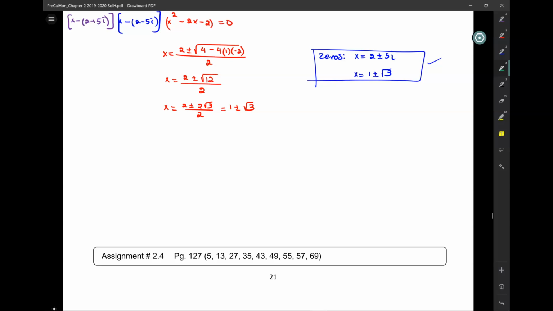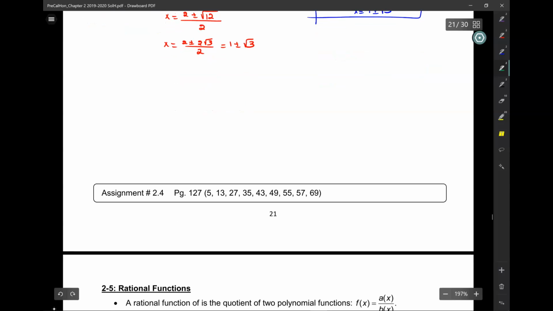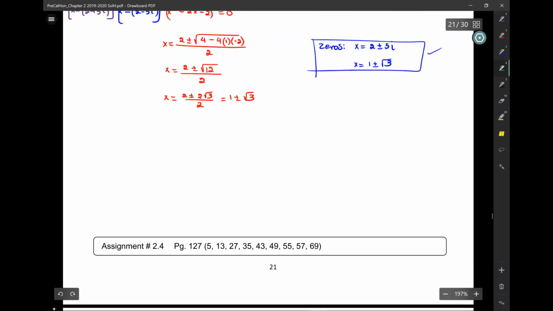Okay, well, no, no, because you have to do it this way. Let me show you the factors of this. So take a look at this one for a minute. Okay, so these are the zeros. What if I asked you for the linear factors?